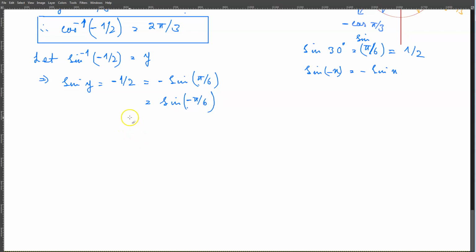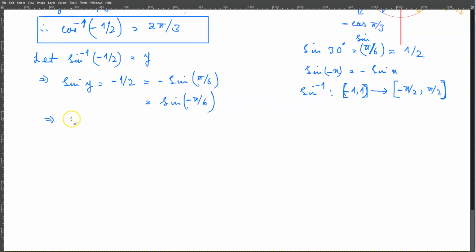Now, the sine inverse function is a function whose domain is the closed interval negative 1, 1, and it goes to the closed interval negative pi by 2 to pi by 2, and so that means that negative pi by 6 is actually in the range of this function.